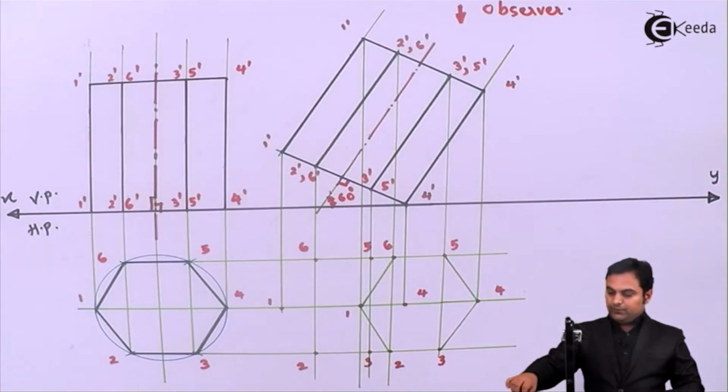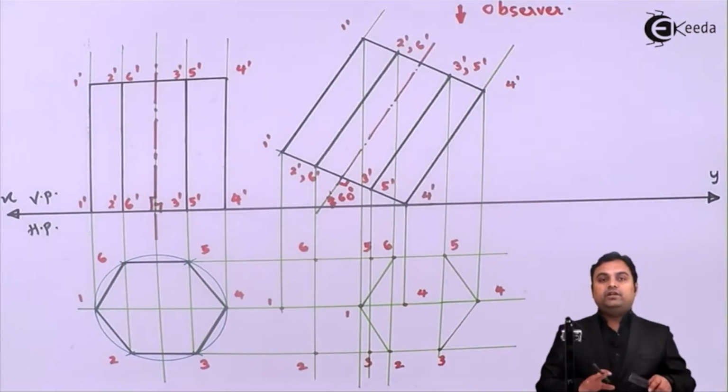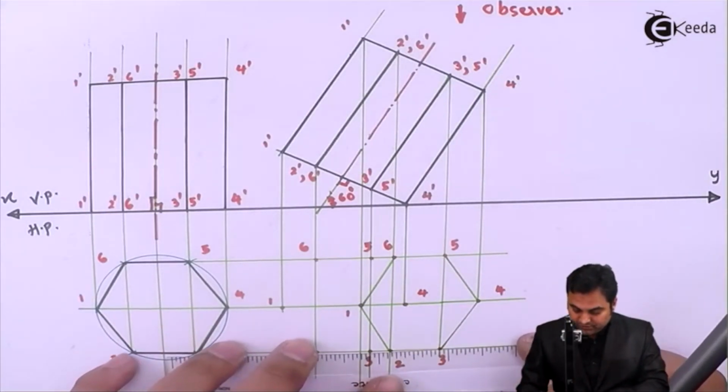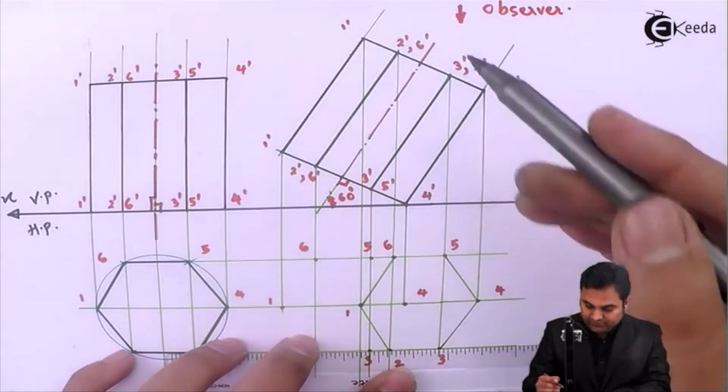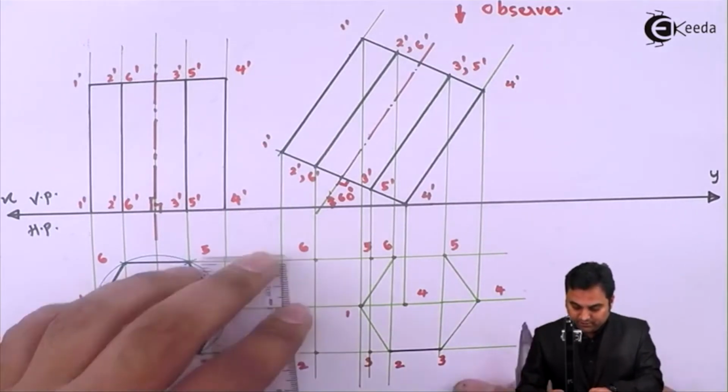Now I need to join these points and the outline will be dark because in drawing, outline is never hidden. So here first I'll draw this hexagon dark because it is visible to the observer, closest to him. So it will be made dark.